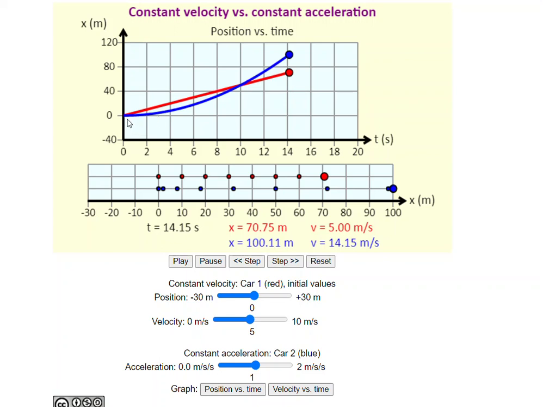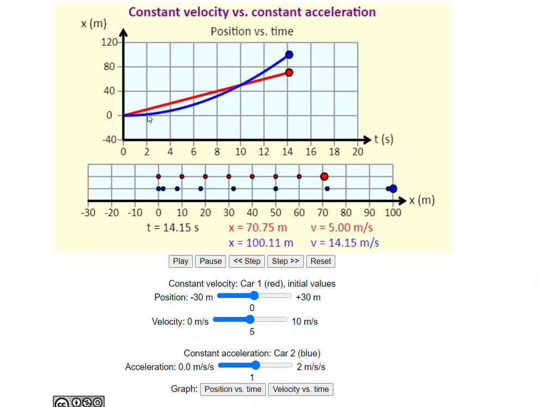It turns out that that slope is increasing by the same amount every instant in time because its speed is increasing by the same amount every instant in time, which we said is 1 meter per second every second. So at 1 second, it has a speed of 1 meter per second, or a slope of 1 meter per second.